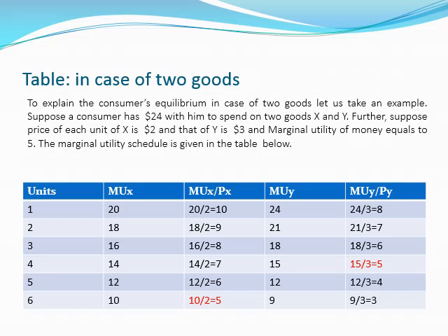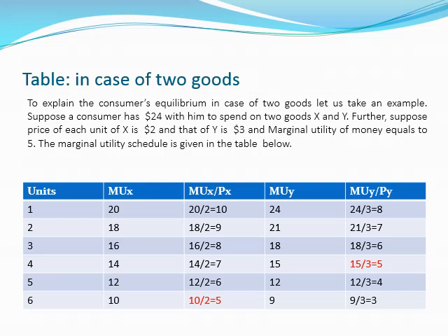Therefore the consumer will reach his equilibrium when he consumes 4 units of Y and 6 units of X, because MUX over PX equals MUY over PY equals 5, which equals the marginal utility of money.